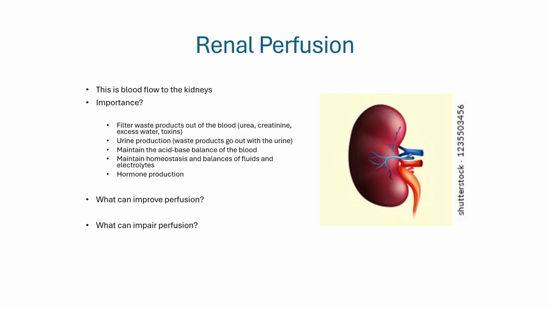If our blood is too acidic, the kidney will dump the hydrochloric acids into our urine, and it will reabsorb bicarbonate, which is the base, to try to get our pH back to a normal level. It also maintains our electrolytes, keeps them in balance. It also produces some hormones. Produces erythropoietin, which is the hormone that is needed to make our red blood cells in the bone marrow. It also makes vitamin D and lots of other things it does.